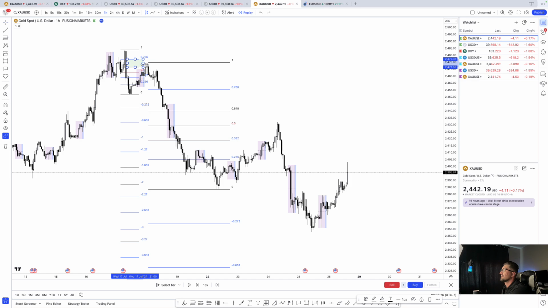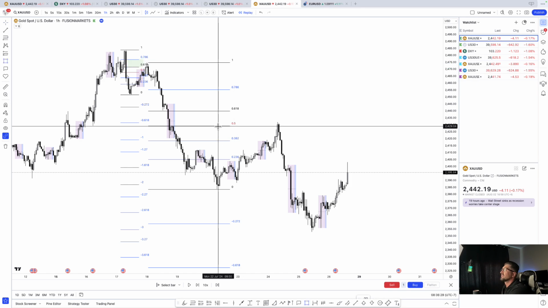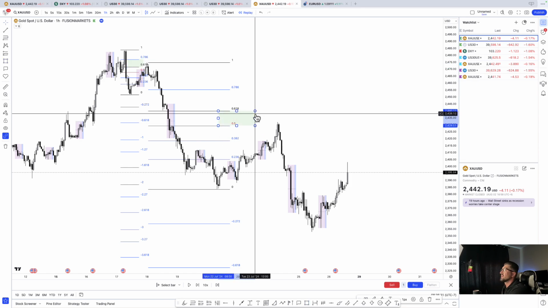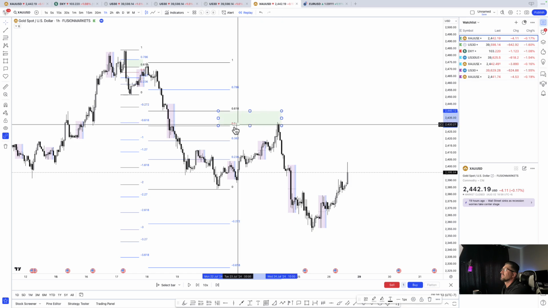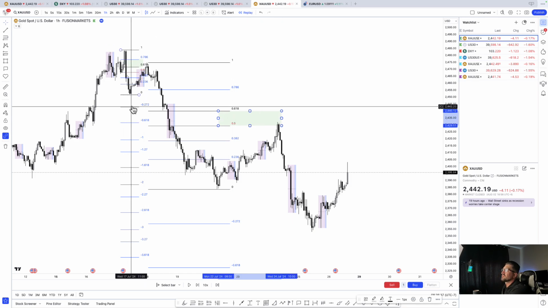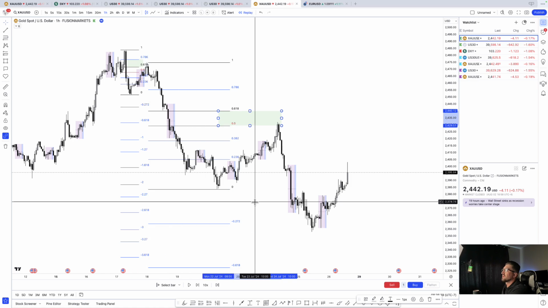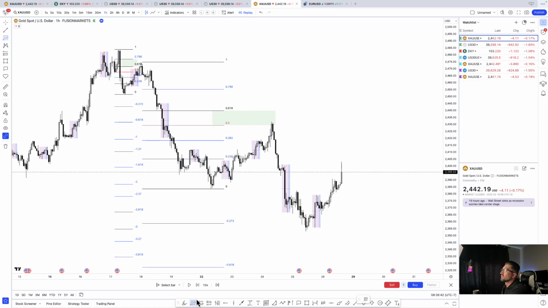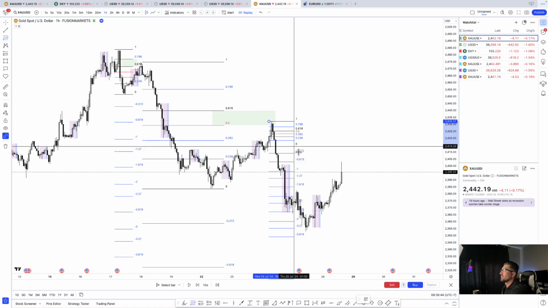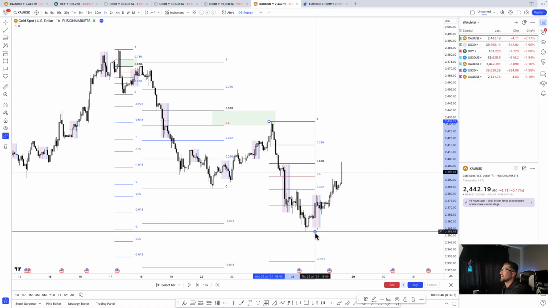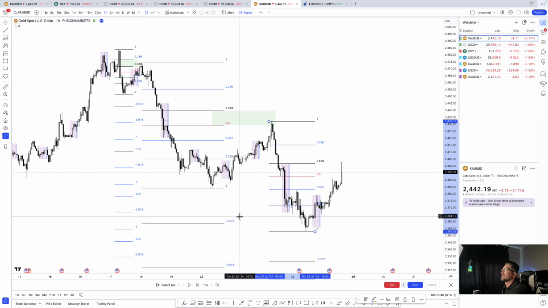Easy to spot. Now we can see here this next reaction of the next range is coming from the 50 and the 618. What this is telling me right now is the last two ranges rebalanced and they're running efficiently. So what this is going to allow me to do is speculate where price is likely to react.